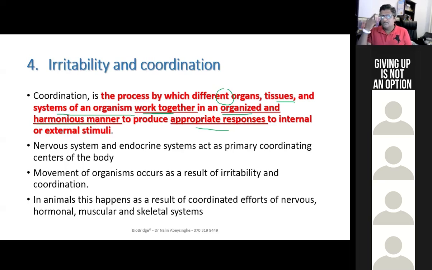Then your nervous system detects, okay, the joint is stretched or turned too much, or flexed or extended too much. Then what will happen? It will send a message to the muscle system of that particular limb to change the position of the joint.